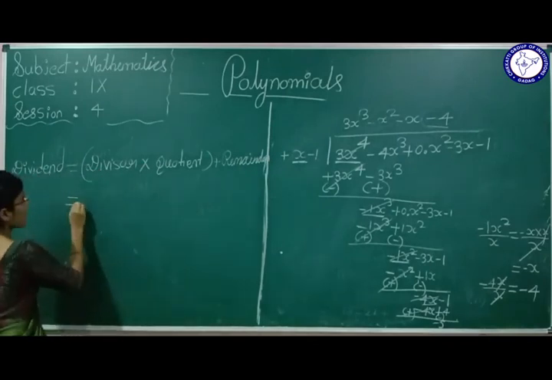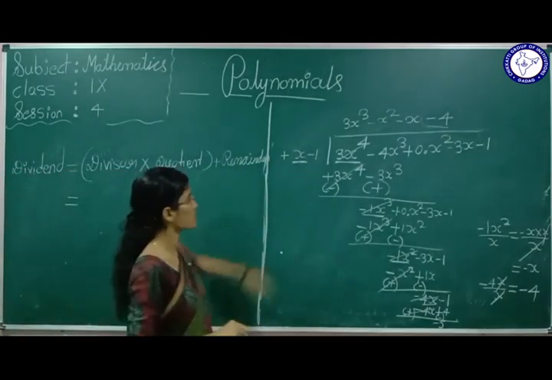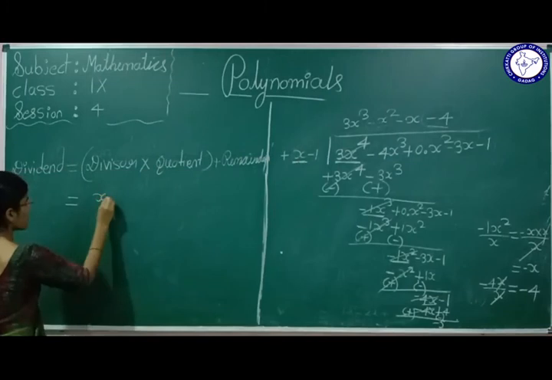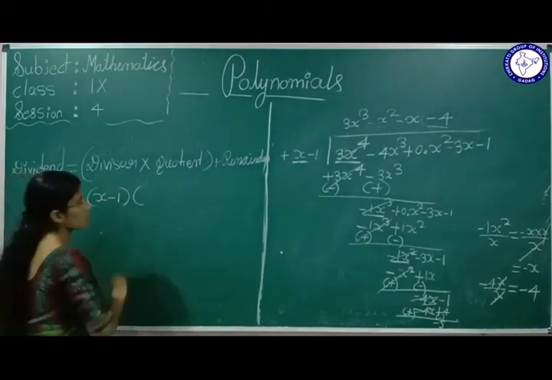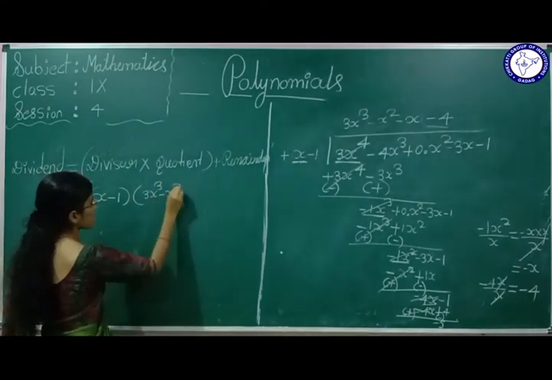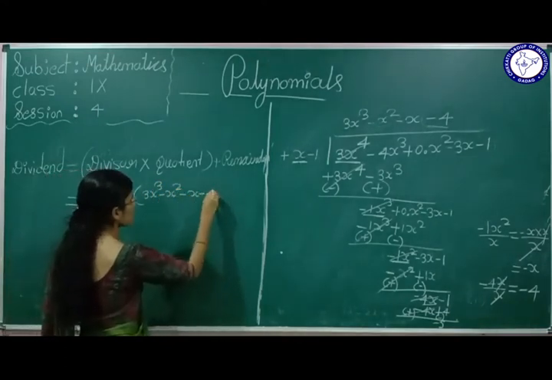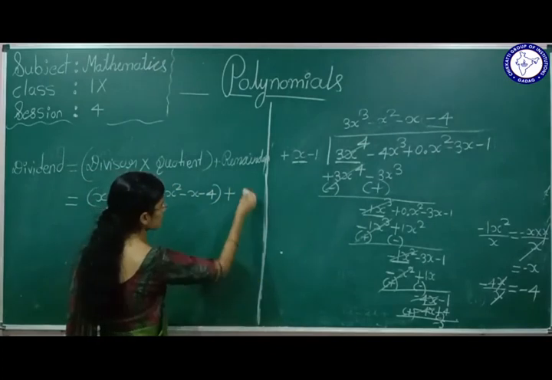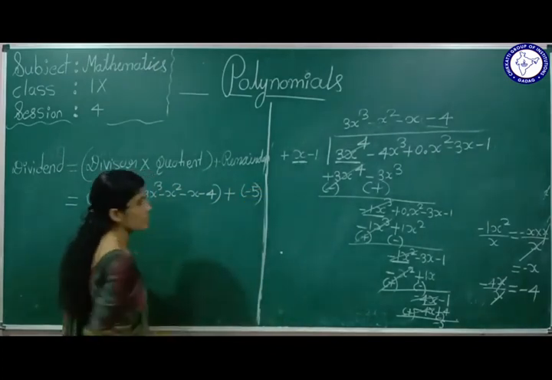What is the divisor? Divisor is x minus 1. What is the quotient? Quotient is 3x raised to 3 minus x square minus x minus 4. What is the remainder? Minus 5.